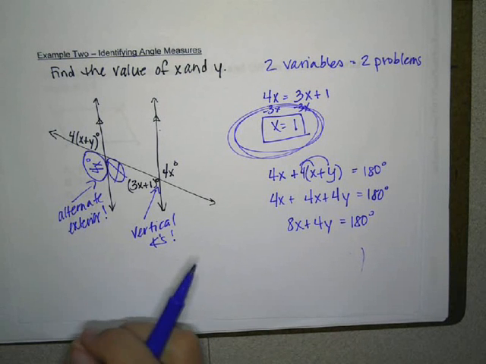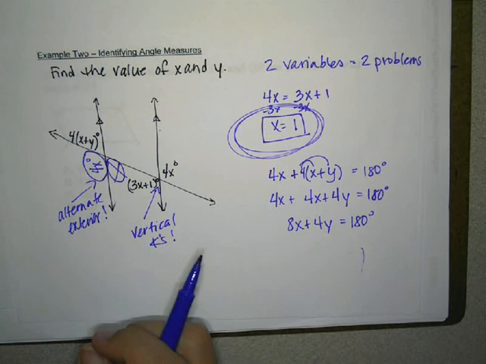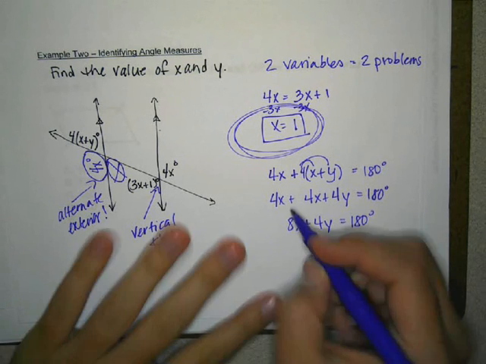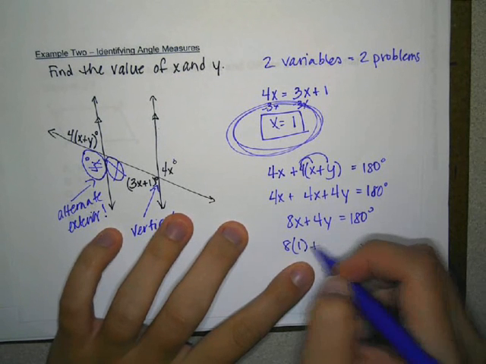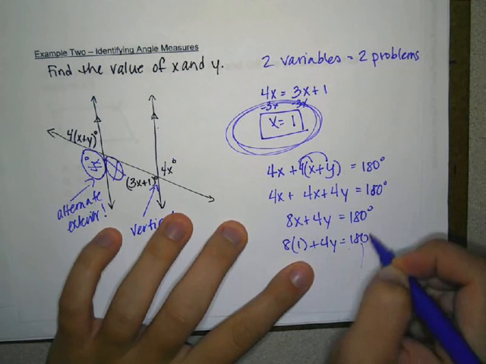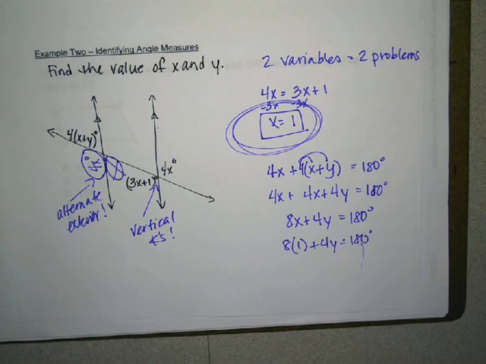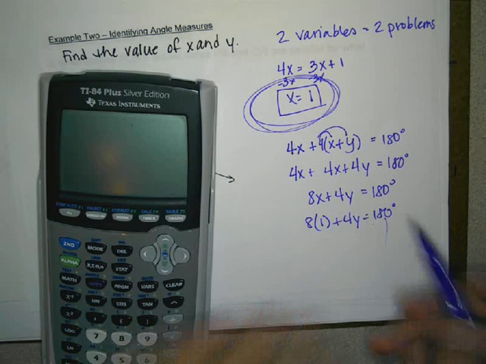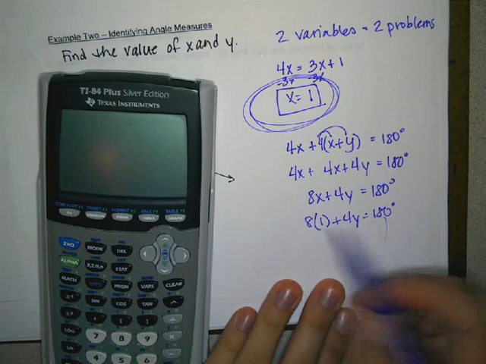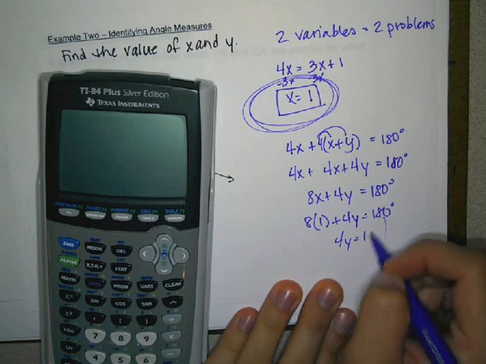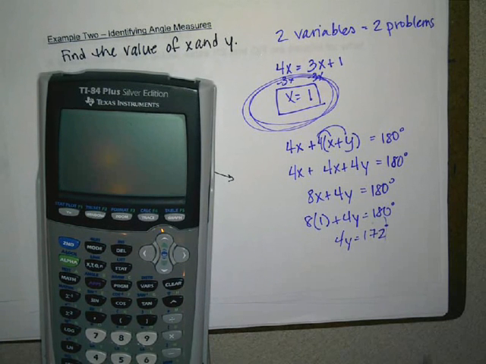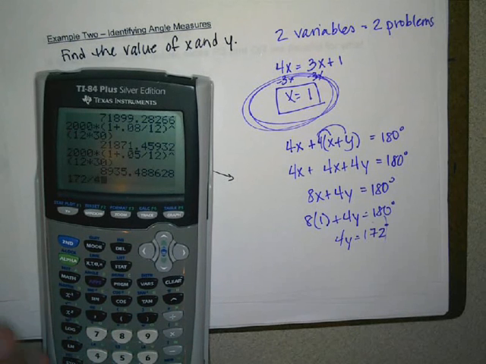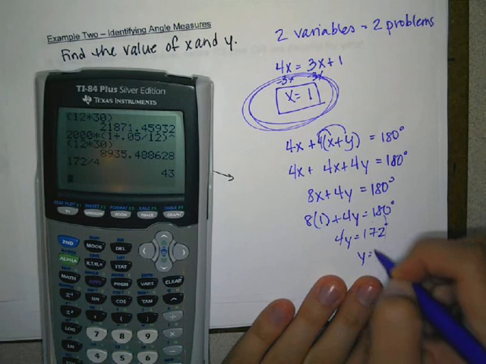Wherever you see an x now, you can put the number 1. So we're going to substitute 1 in for x, since that's what x is equal to. And then 8 times 1 is just 8, so 180 minus 8 gets you 172. And then to solve for y, I'd have to divide by 4, which gets me 43.